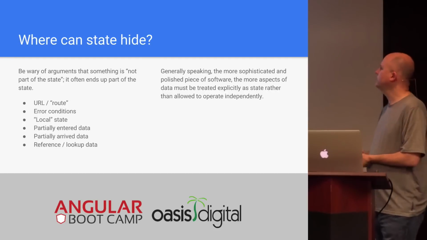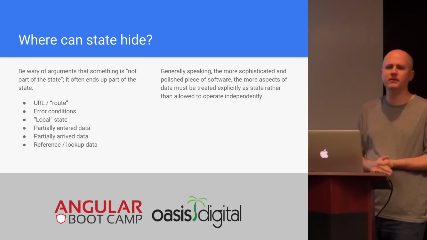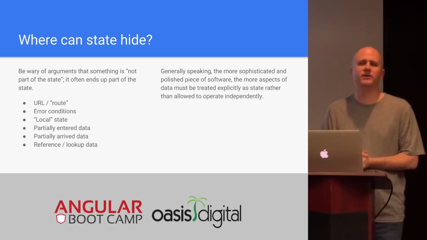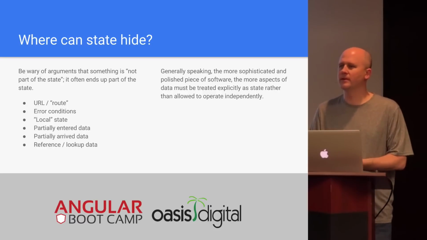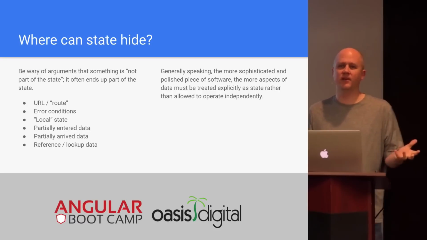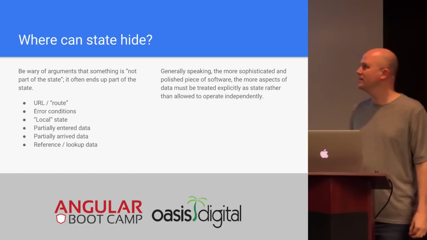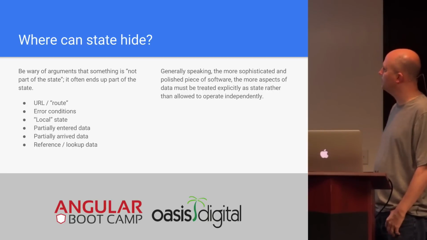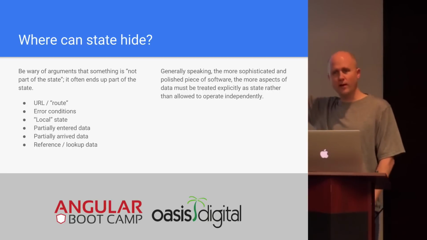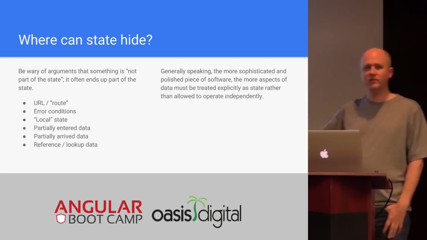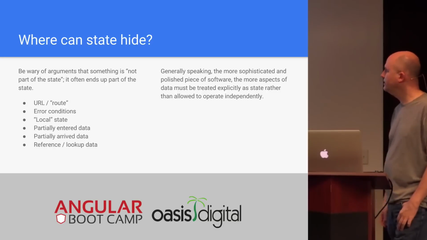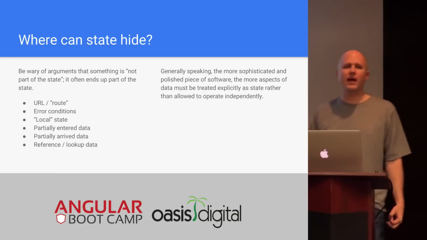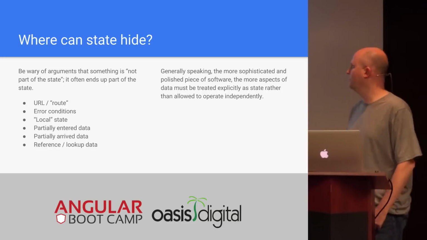So where could that state be? The most obvious place, in an imperative programming language, is simply sitting in a variable. That's where you most commonly find state. But we also find state hiding in lots of other places. The URL, the route an application is on, is part of the state of the application. If an error has happened, that is probably part of the state of an application.